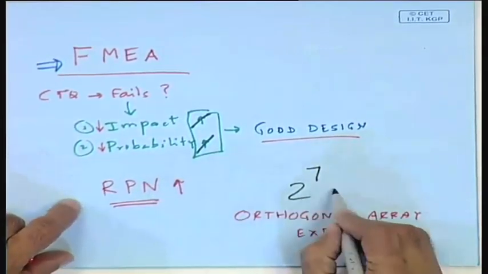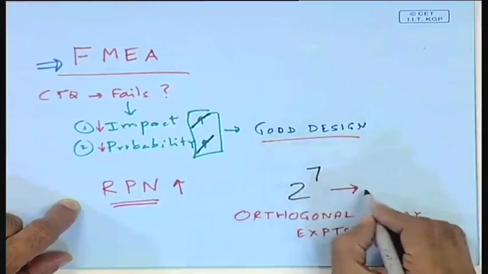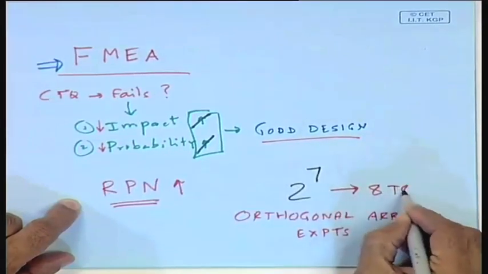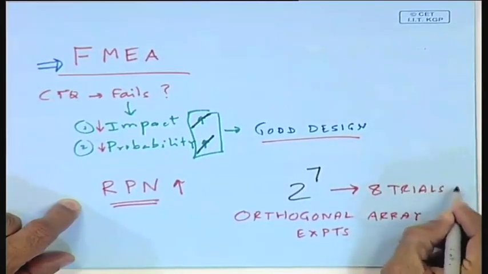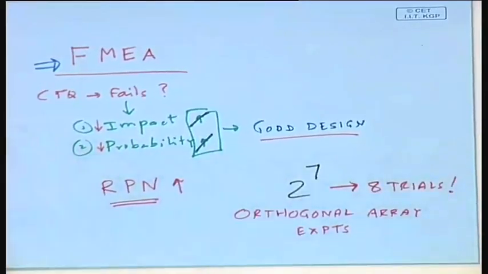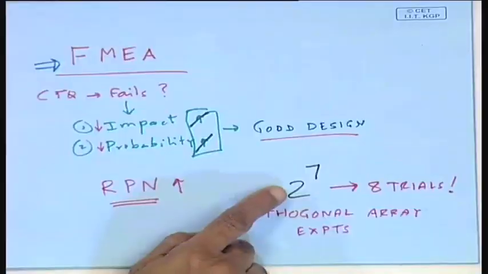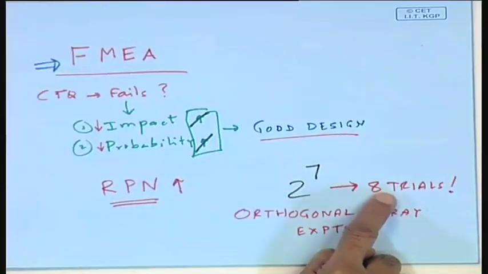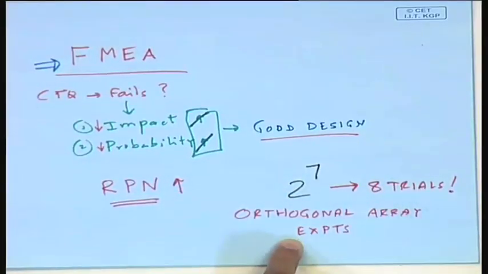That would reduce these 2 to the power 7 trials to 8 trials only. And this is a remarkable saving. You are coming down from 2 to the power 7 to 8 trials by using this approach to do your DOE. This is the framework for conducting your DOE.